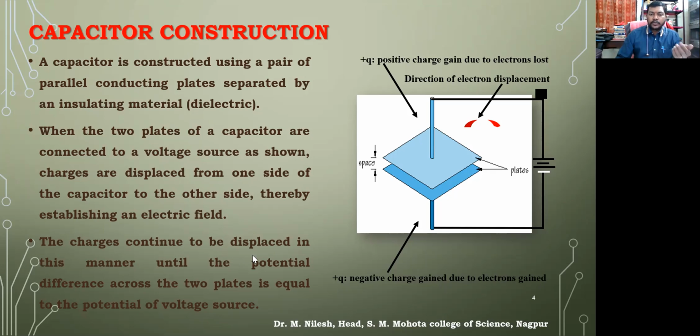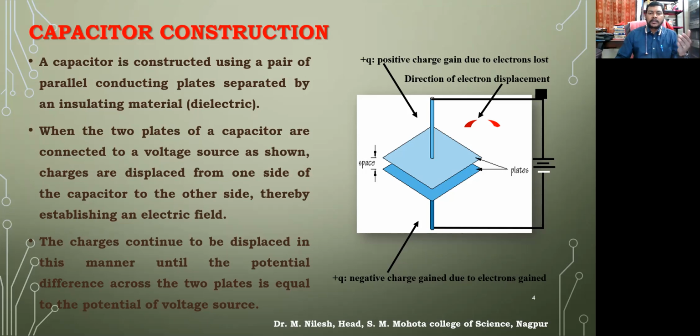The charges continue to displace in this manner until the potential difference across the plates is equal to the potential of the voltage source. So whatever voltage we put over here, it will go on charging until that voltage appears across the two plates, right? As soon as the plate voltage equals the source voltage, it is fully charged. And whenever we want to discharge, we just need to reverse the polarity. Then the capacitor is discharged, right?